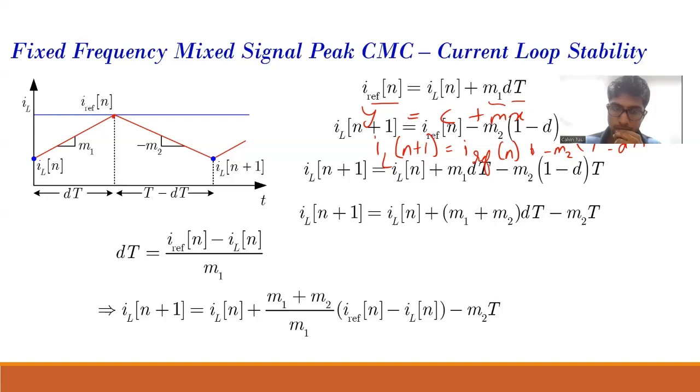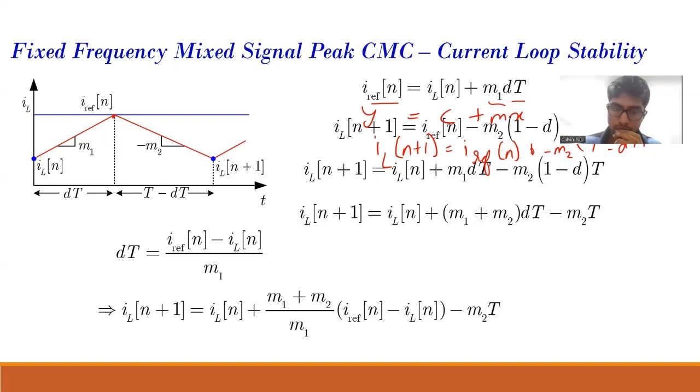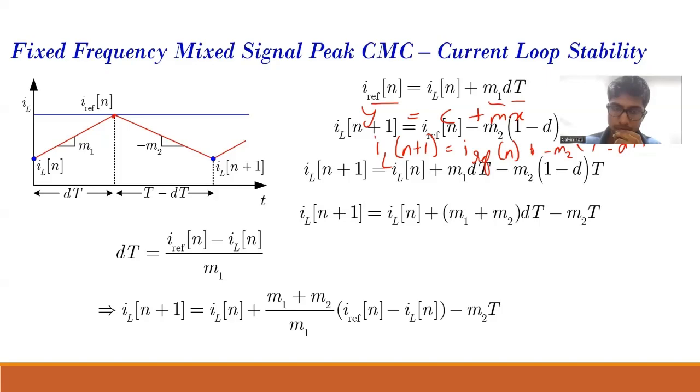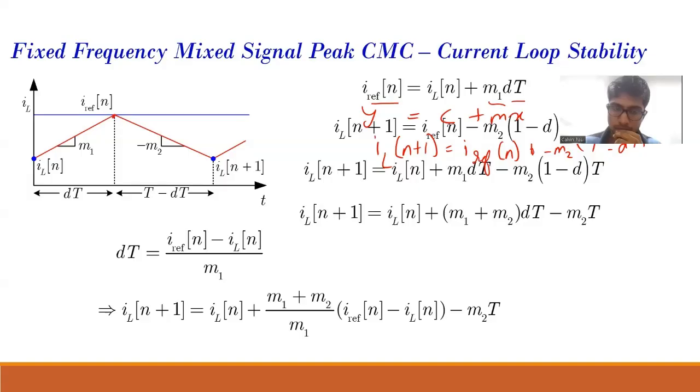Here the time is very less, and within that short time, there will be noise at the starting point and at the peak point. Noise will be only over here, right? Here also, after it reaches the reference, there will be noise. That noise will get reflected over here. But that is why we use an SR latch. So even though there is noise, at the first reset, the switch will turn off.